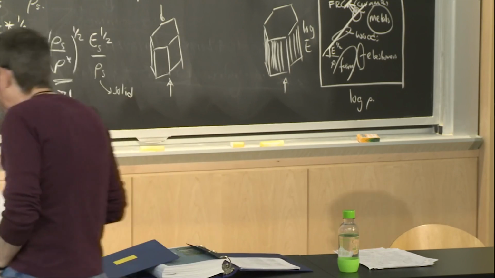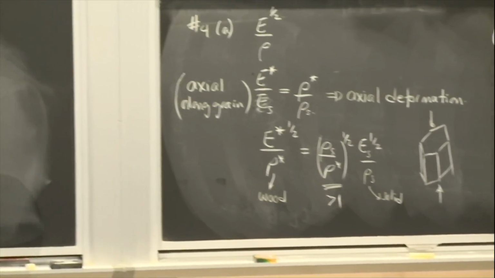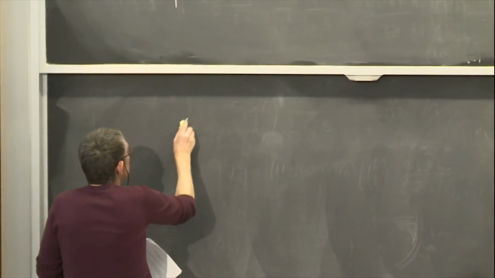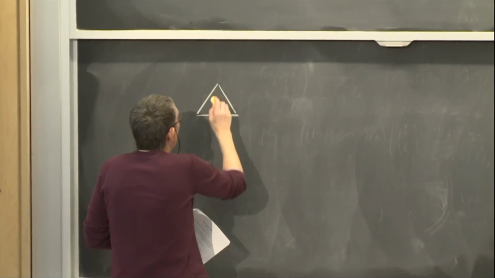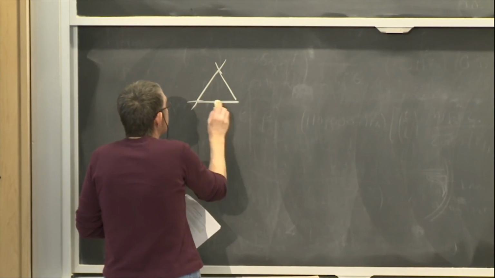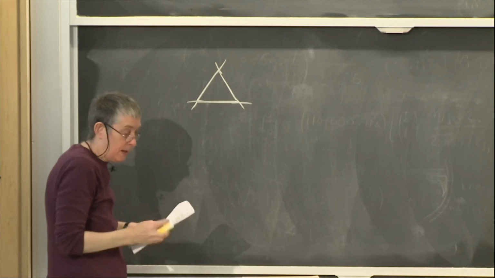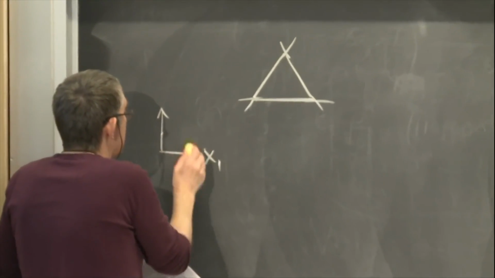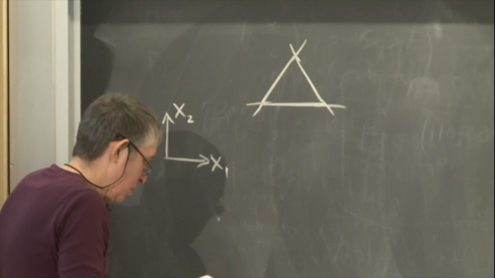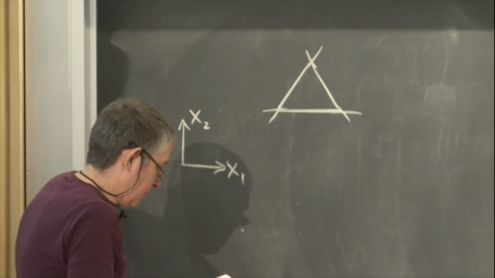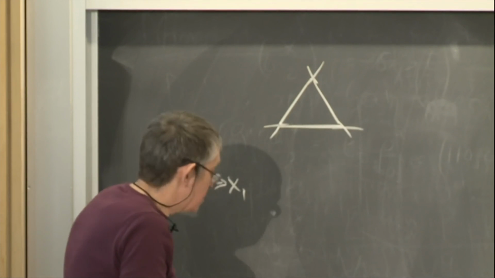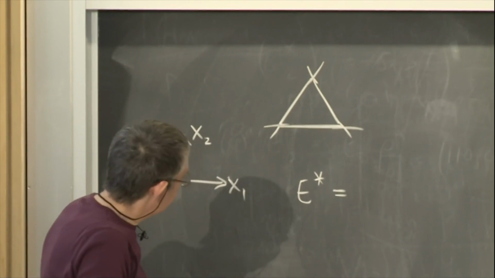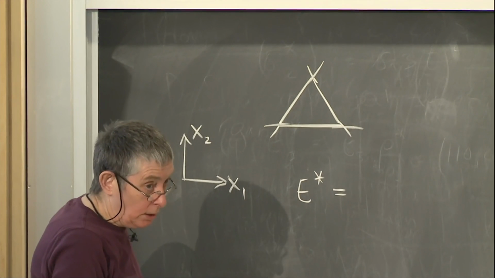So say you have cells that look like that, and that's x1, that's x2. Okay, so the Young's modulus for this, I happen to remember the formula.